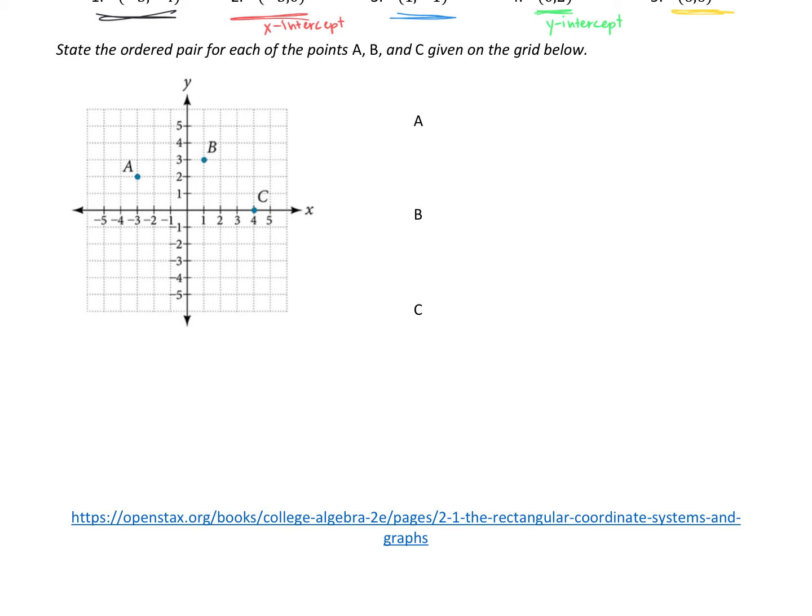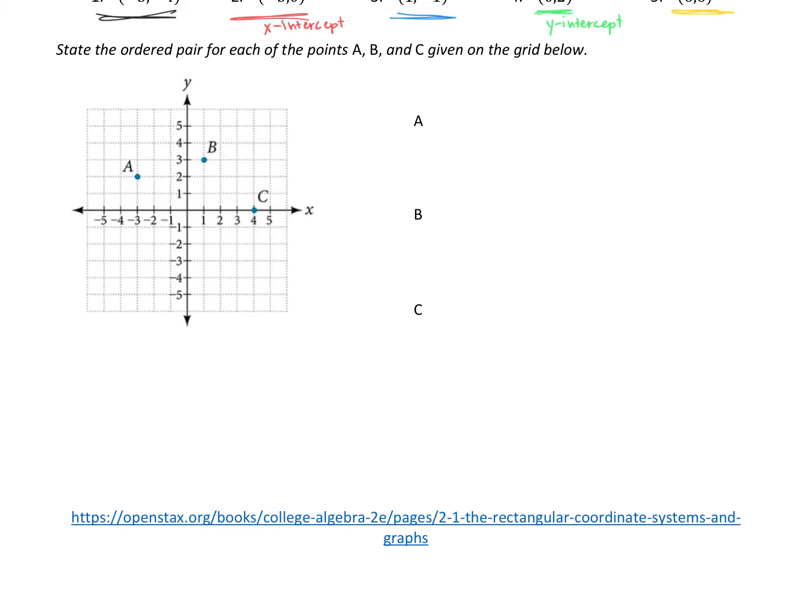I have used some of the wording and examples from this OpenStax textbook. It's a free textbook. There are many example problems that you might find helpful, and you can go and work out some problems, and then they have the answers to the odd numbers for you so that you can see if you're doing them right.